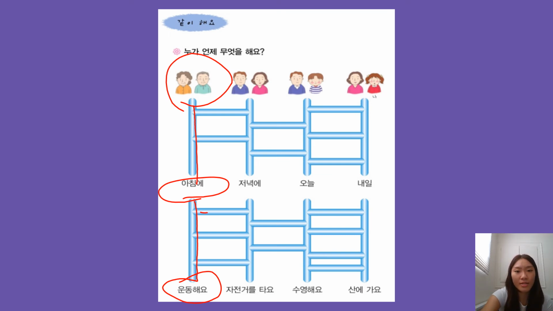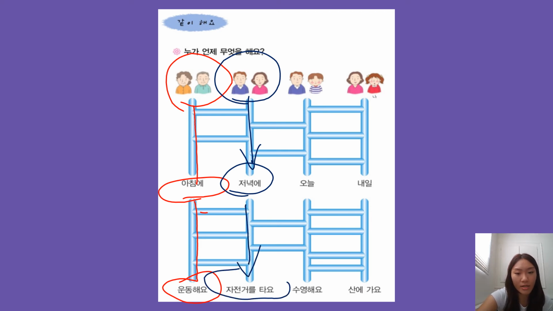Okay, now let's do the second example. This looks like 엄마 and 아빠. So we're going to say 엄마하고 아빠는 저녁에, and then we're just going to go straight down. 자전거를 타요. Okay? Now let's see. In the third one, we see 아빠 and 아들.